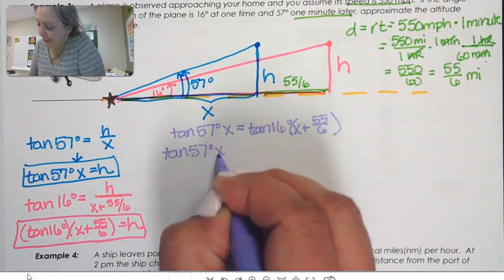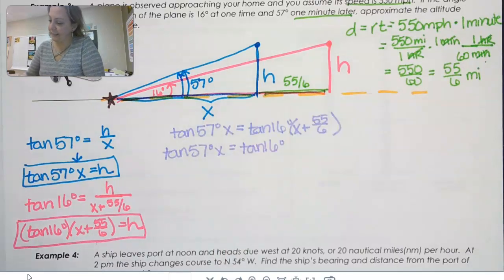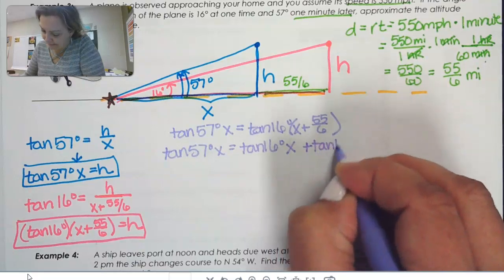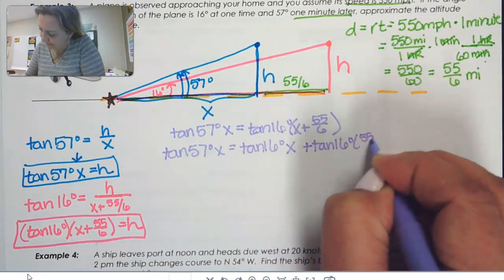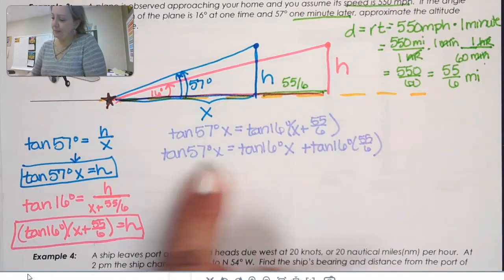So I'm going to start by distributing. So I'll take the tangent of 16 degrees times x, and I'll take the tangent of 16 degrees times 55/6. Now think about it. We want to get all our x's together, so I'll subtract this.